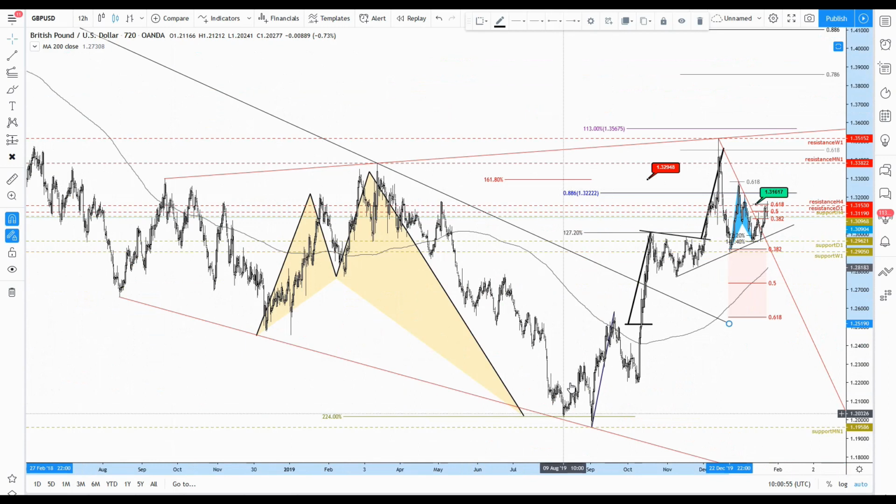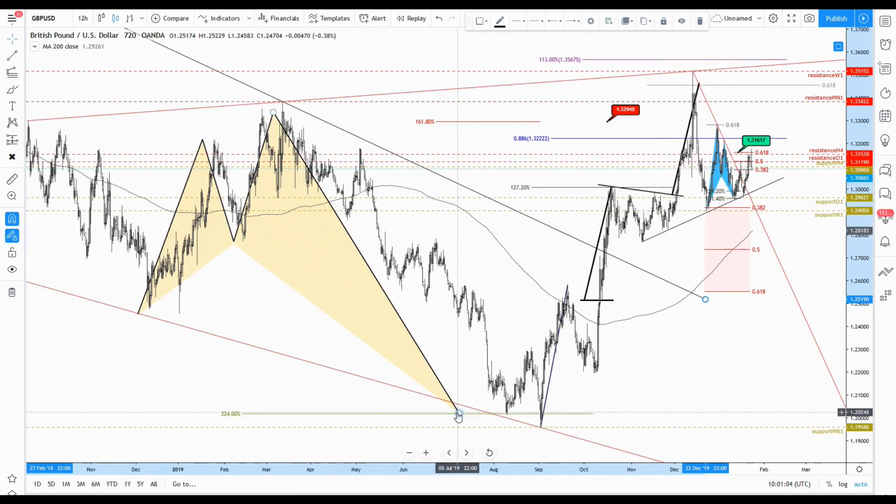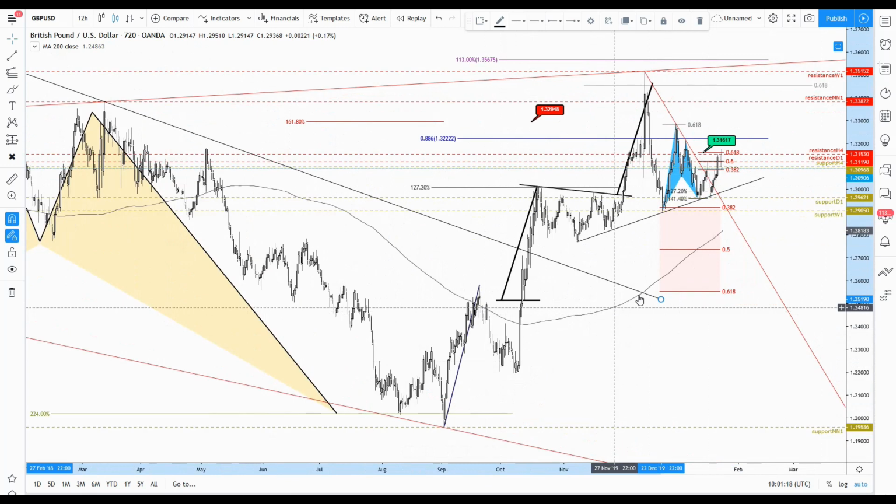The market has found a nice support, printing our monthly fractal below, and triggering this bullish crab pattern extended, bullish shark pattern extended at 224% Fibonacci extension. As you can see here, the market has reinforced that level with kind of a double bottom and started to trade higher from there.